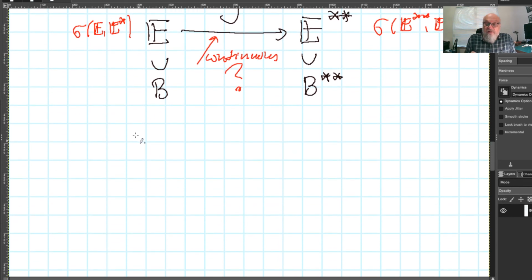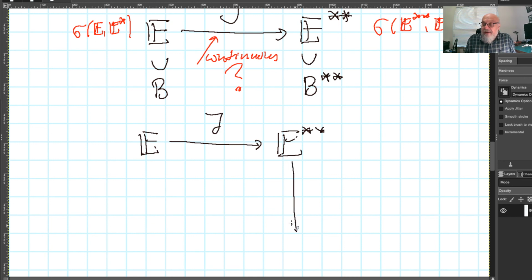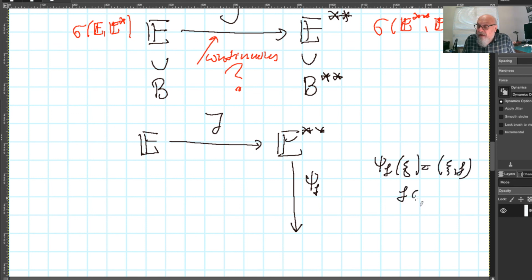So let me verify it. Again, we put it like this, E goes here to the E double star. This is my J. And now I take a functional, psi f. This psi f acts on psi in such a way that it is equal to psi applied on f, where f is a fixed element of the dual.